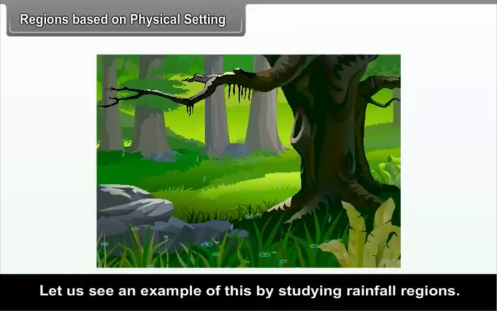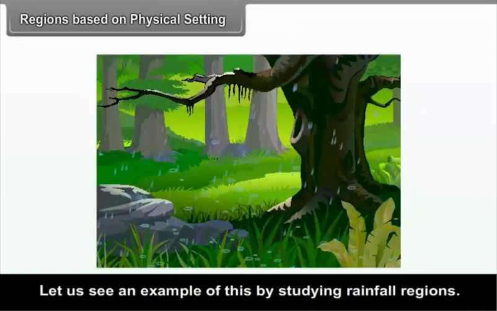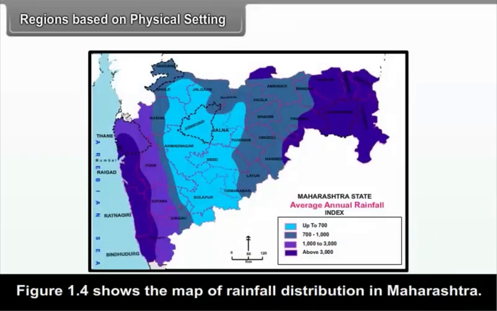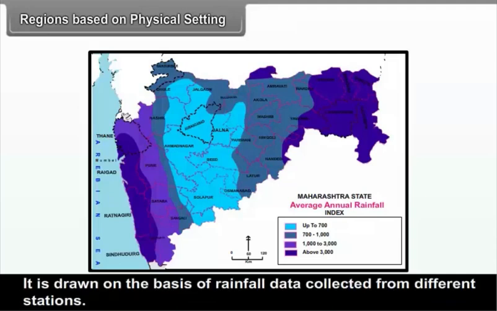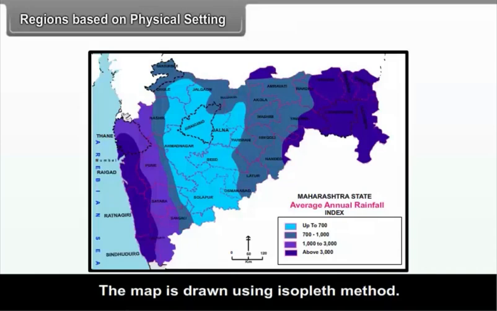Let us see an example of this by studying rainfall regions. Figure 1.4 shows the map of rainfall distribution in Maharashtra. It is drawn on the basis of rainfall data collected from different stations. The map is drawn using the isopleth method.